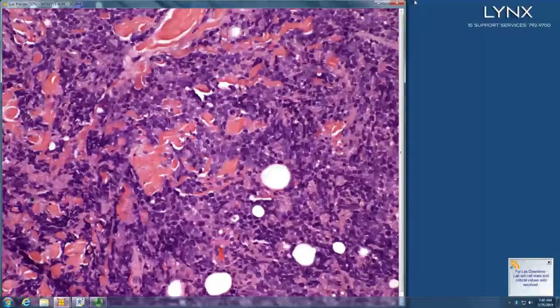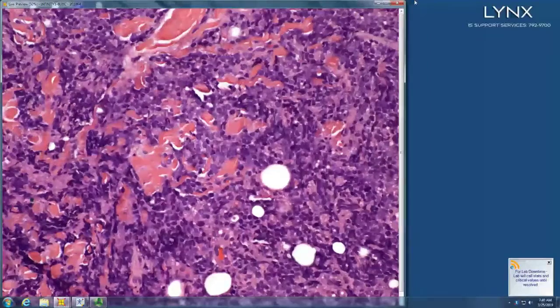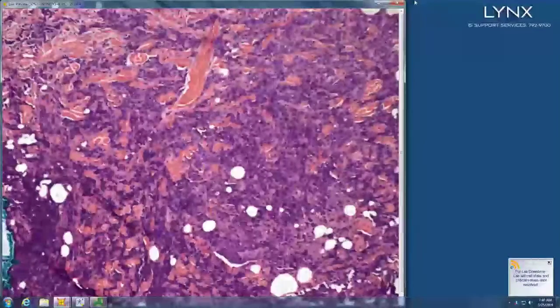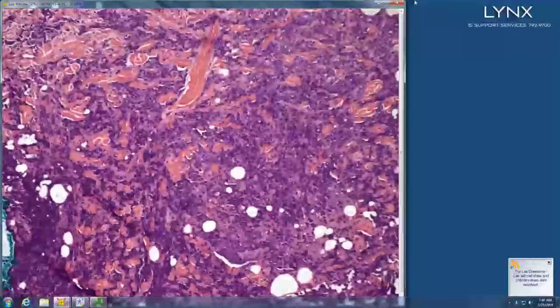Merkel cell. Yep. Small cell lung, oat cell. Merkel, small cell lung, oat cell, those would be the two most common, but lymphoma, small cell endocrine, neuroblastoma, those are all in your differential, and this one was a Merkel.